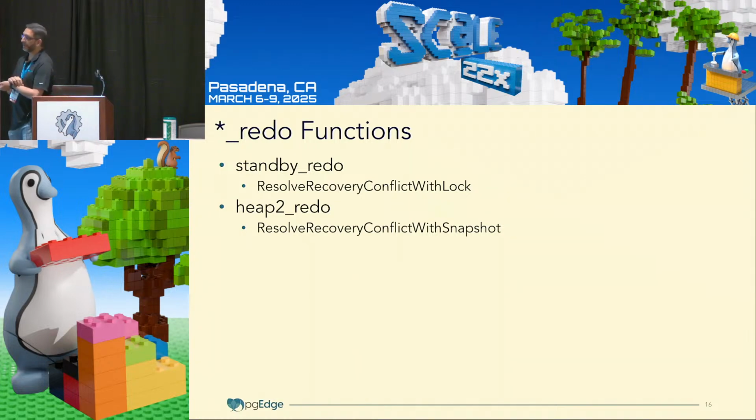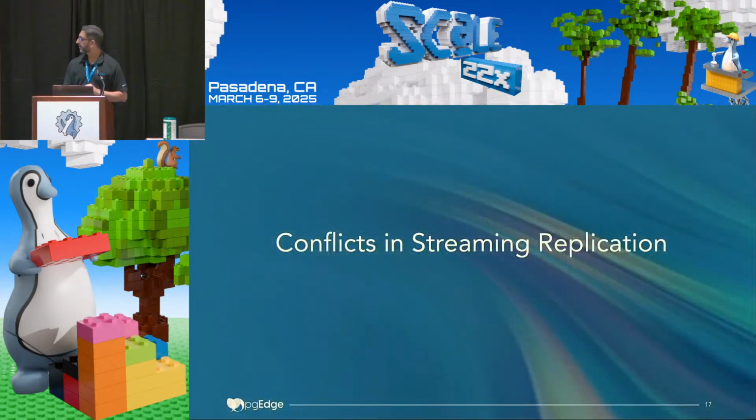Internally, the functions responsible for applying WAL are dependent on the access method, so you'll have a standby redo function or a heap redo function, and similarly you have redo functions for other access methods as well. With each, there are two different kinds of conflicts that we're going to look at for streaming replication. The first one, with standby redo, is locks.